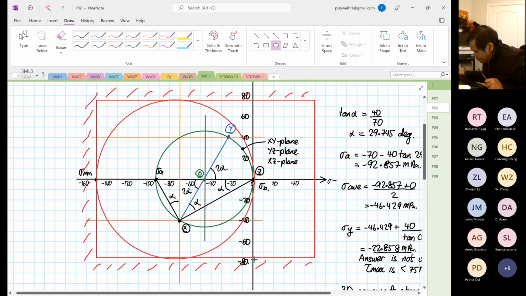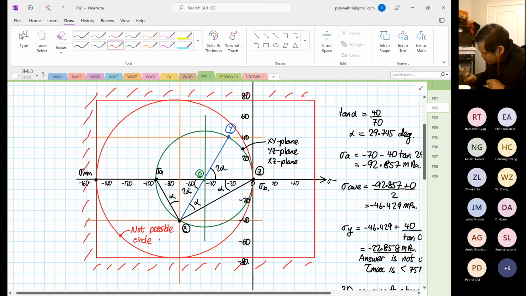So this is not a possible circle construction. That's why that answer is wrong.